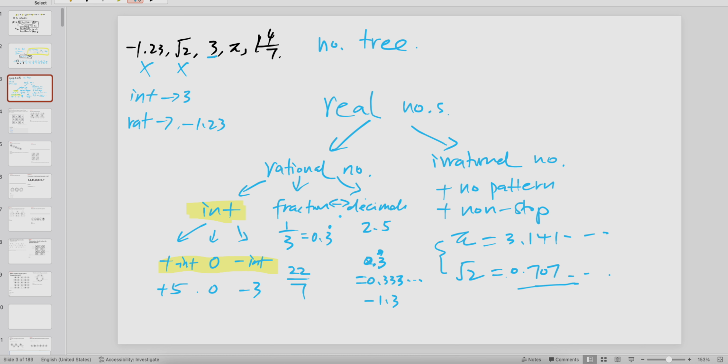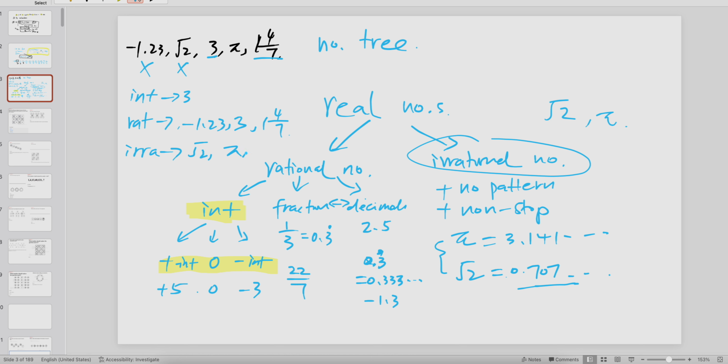It's just conversion. Okay. So square root 2 is irrational. 3, rational. Pi, irrational. This is a fraction, so it has to be under rational. Okay? So irrational is square root 2 and pi.